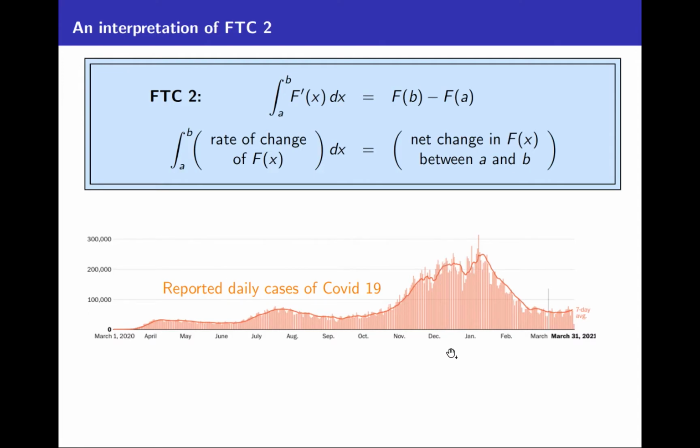So you can think about this as being the graph of a function, y equals the cases per day on any given day. So in day 300, maybe right here, the height of that rectangle is the number of cases that were reported on that day, which looks like it's about 50,000 for that day.